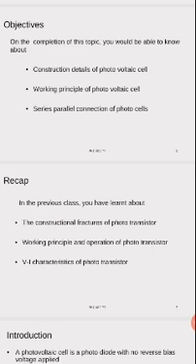Introduction. A photovoltaic cell is a photodiode with no reverse bias voltage applied.